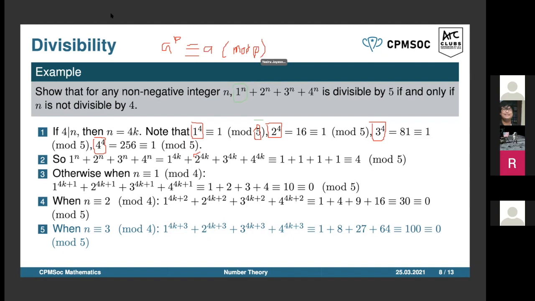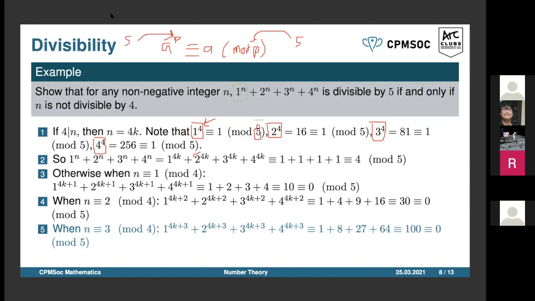So we can replace p with a 5. So the prime number we're working with is 5. One problem is we have an exponent of 4, but this theorem requires an exponent of 5. So we'll have to get around that somehow.